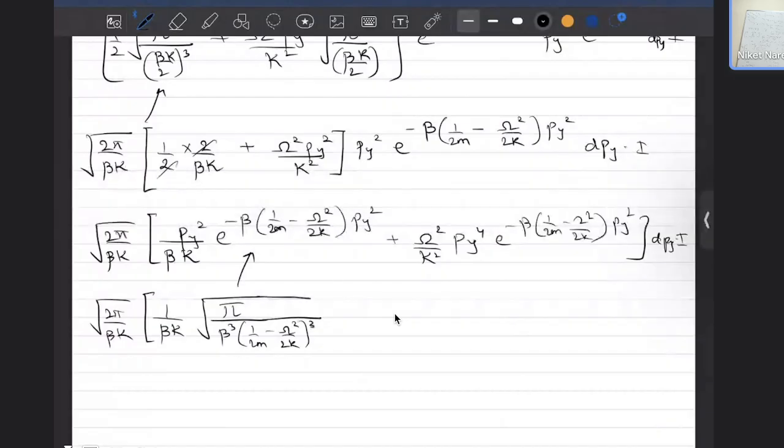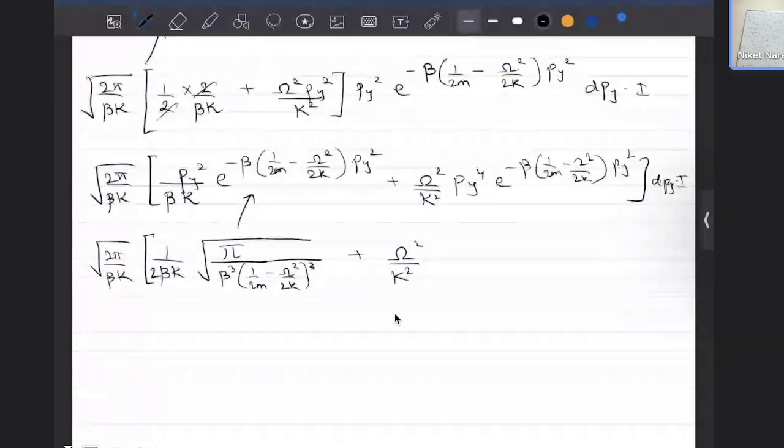This is what we have here. Okay, there should have been 1 by 2 as well. There is a half also, right? In this expression, there is a half as well. Plus omega square by kappa square.